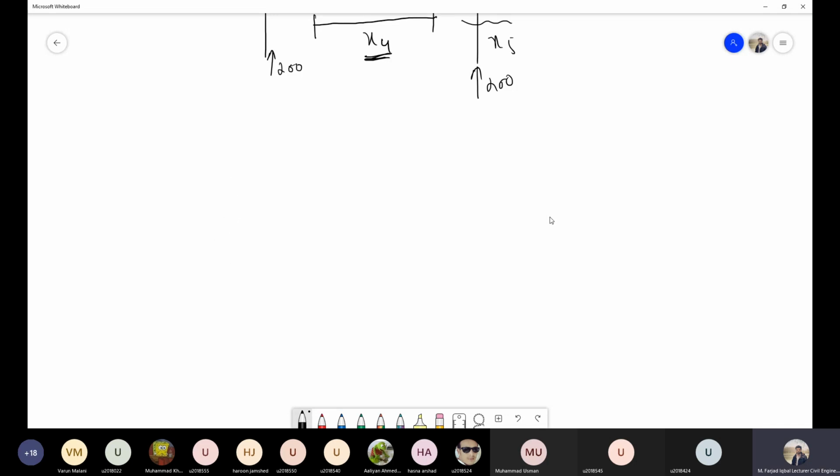So we have this beam, this frame. We will apply a unit load in the direction of displacement. We have this reaction, this reaction, this reaction, and we will remove all other loads. So what will be this reaction?